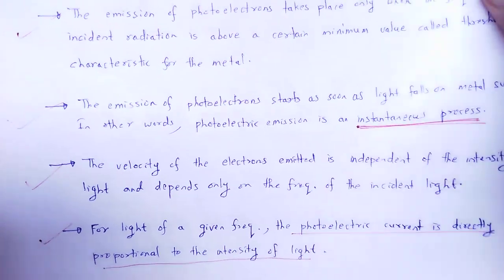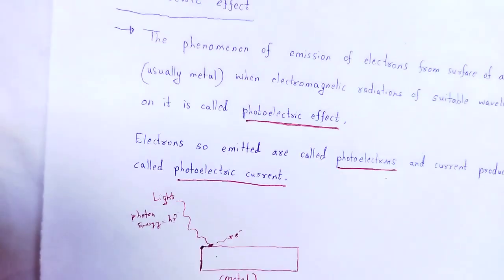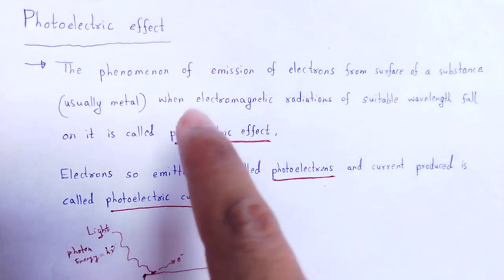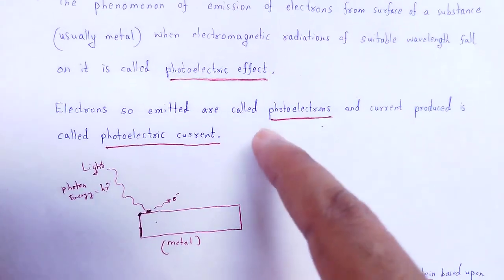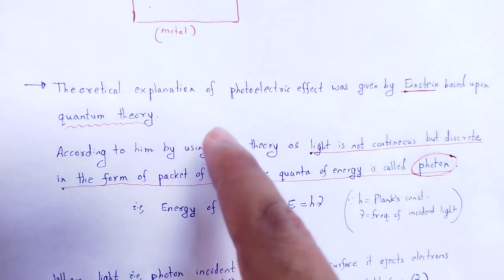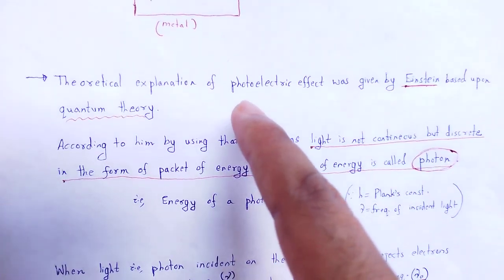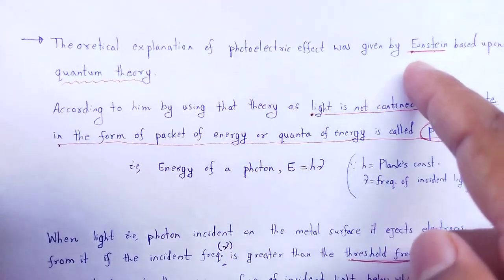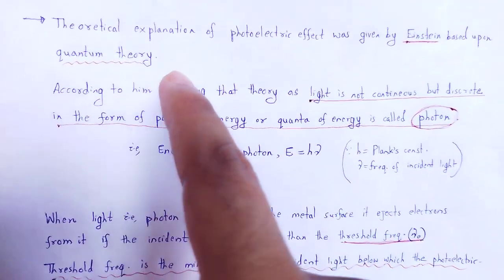So, with the help of this video lecture, we understood the idea of the photoelectric effect: what is the photoelectric effect, photoelectrons and photoelectric current. Then the idea of the photoelectric effect by Einstein on the basis of quantum theory.